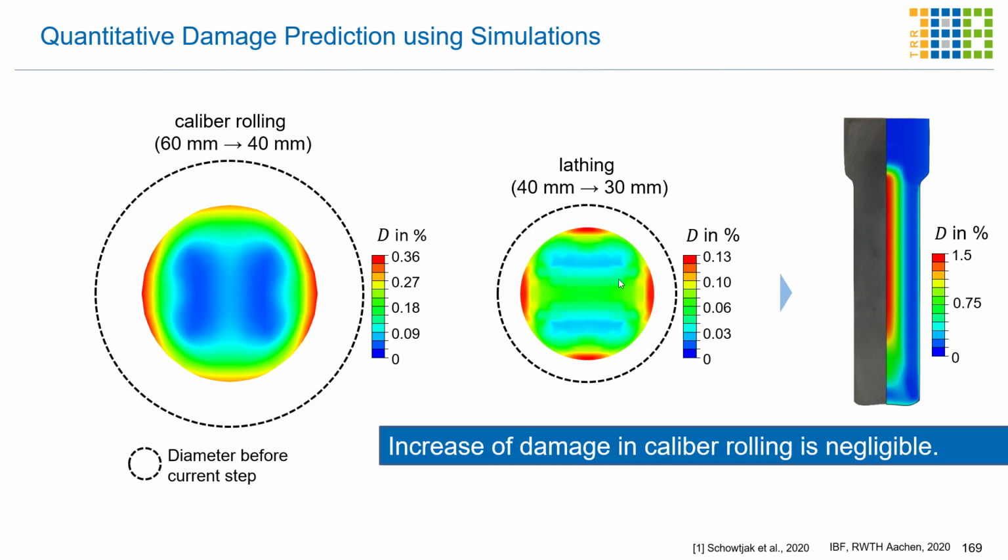But this does not directly hold for every forming process. You have to perform a detailed analysis of each forming process to see if it is possible to neglect some forming process within the simulation.